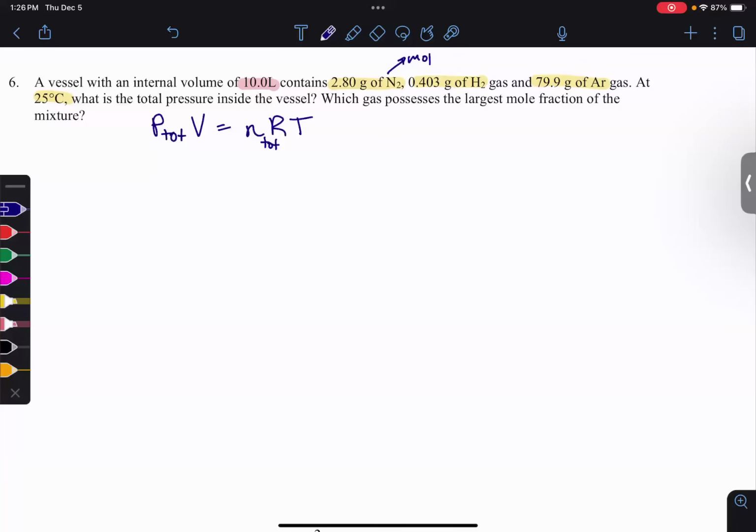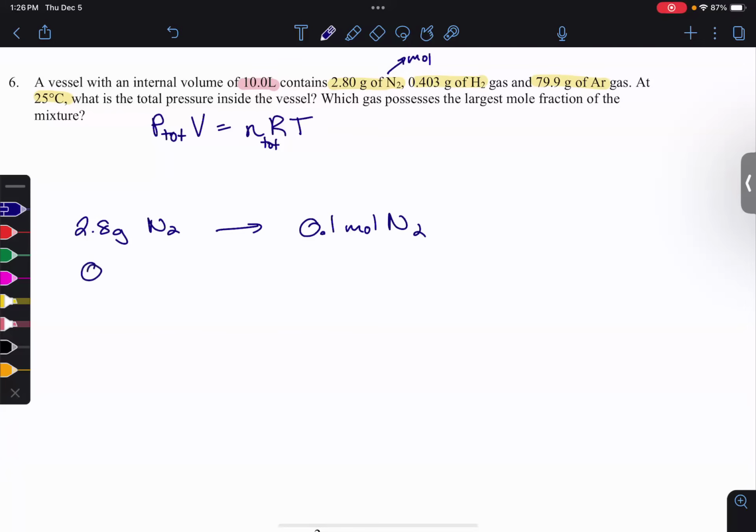But thankfully, I think the numbers are really easy. I tried to make it easy. So 2.8 grams of diatomic nitrogen is 0.1 moles of nitrogen, because I think the molar mass is like 28.